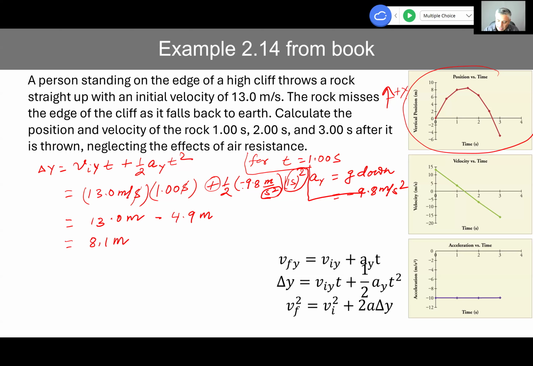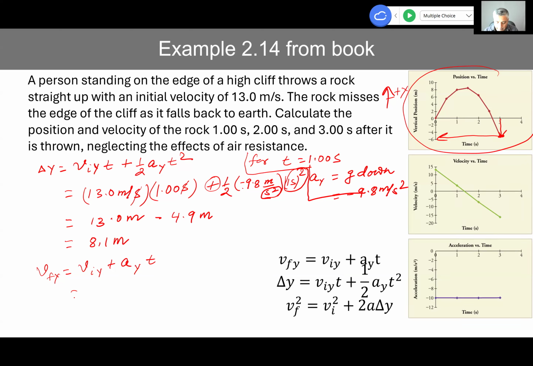Okay, so 2 seconds, 3 seconds. Looks like Nicholas already calculated those values. So at 3 seconds you see here it is on the negative side, and that's what you see in the graph. And now final velocity, how do we calculate that? We use this equation because we know acceleration, we know time, and so on, right?